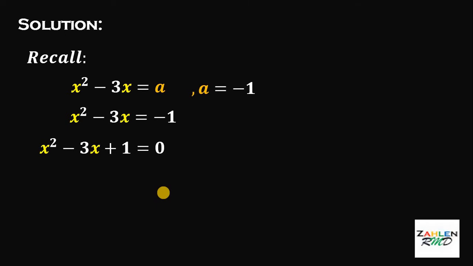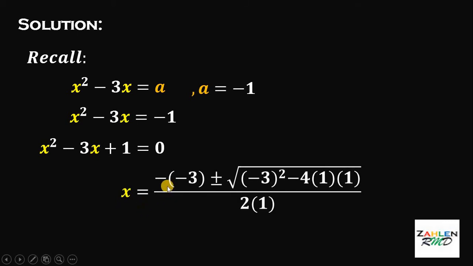And again, the quadratic formula is x equals negative b plus or minus the square root of b squared minus 4ac, all over 2a. Therefore, we have x equals negative b plus or minus the square root of b squared minus 4ac all over 2a, wherein a is equal to 1, b equals negative 3, and c equals 1.